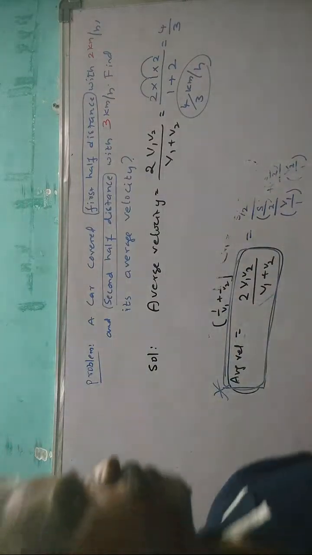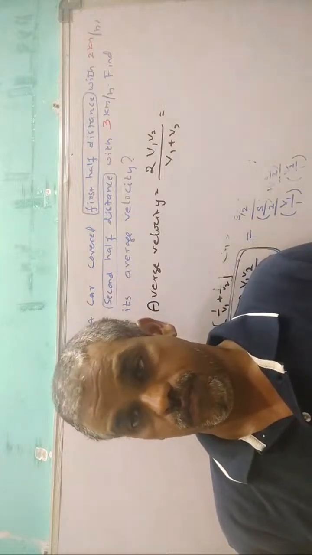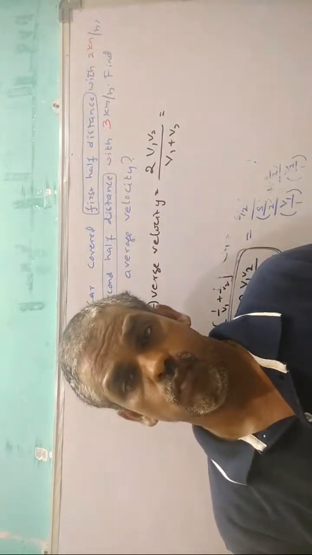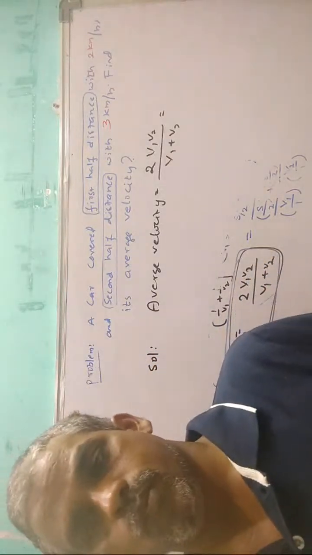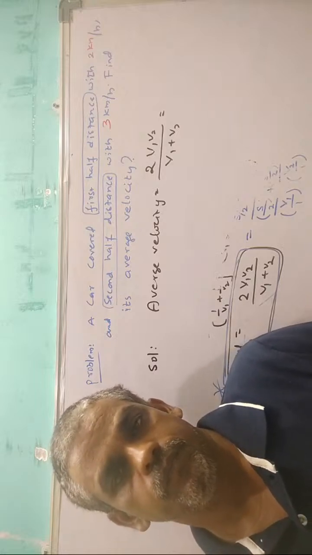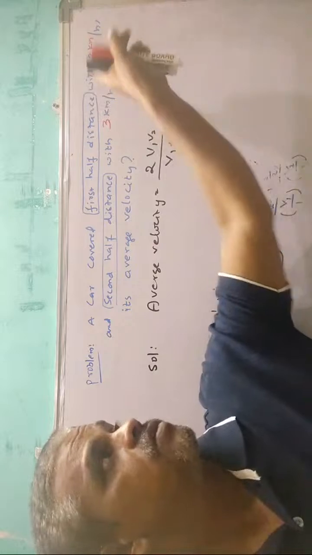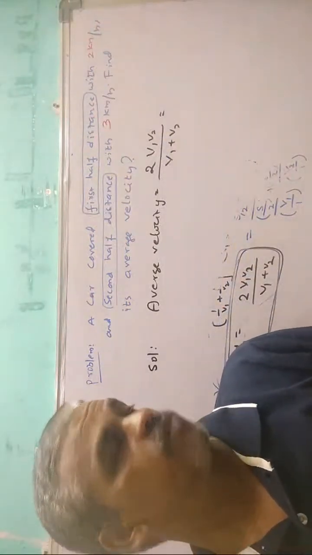First half, second half. Do it fast and say. Come on, I changed the values. V1 is 2, V2 is 3. 2 V1 into V2 by V1 plus V2. Come on, do it.